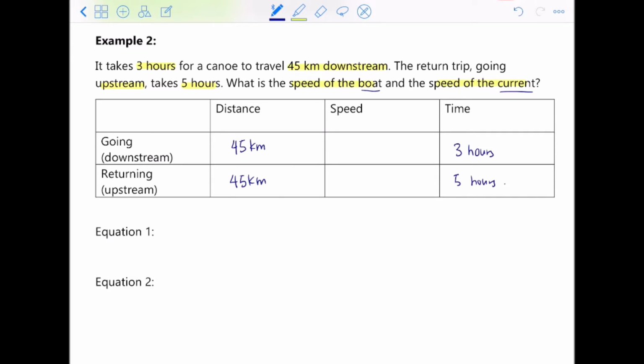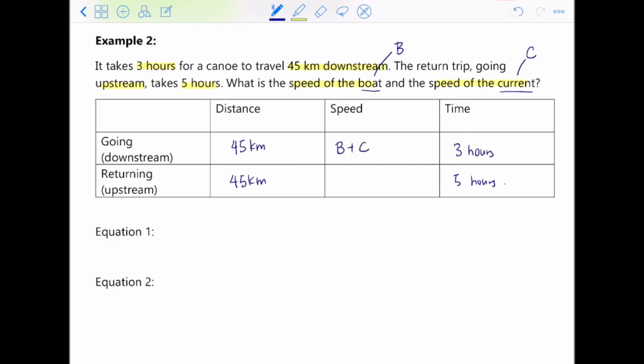When traveling downstream, the canoe is traveling along with the current. So let's say the speed of the boat is noted as B and the speed of the current is C. Then the speed going downstream would be the sum of the two speeds.